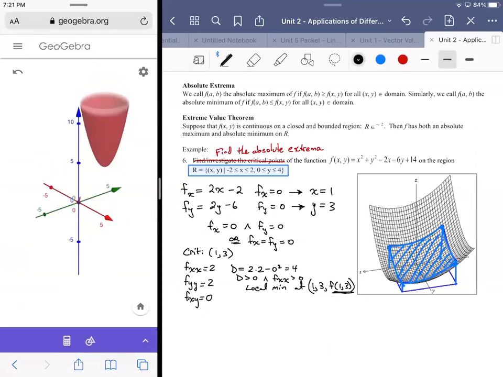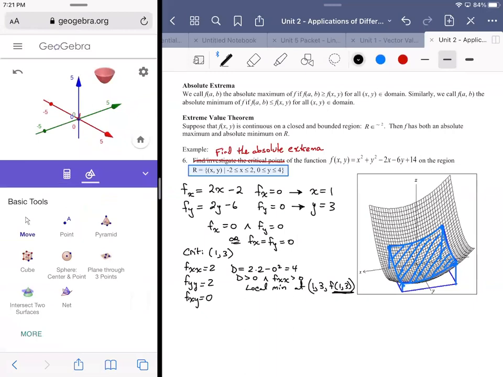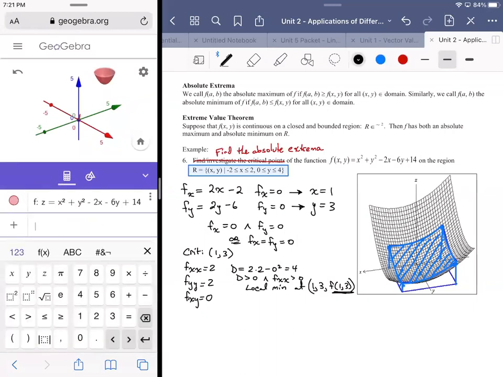Now, what we could do is pop in the point, and that would be (1, 3). It's defined as f, so I can write it as f of 1 comma 3, if I can remember to type the f first. 1 comma 3 comma f of 1 comma 3.